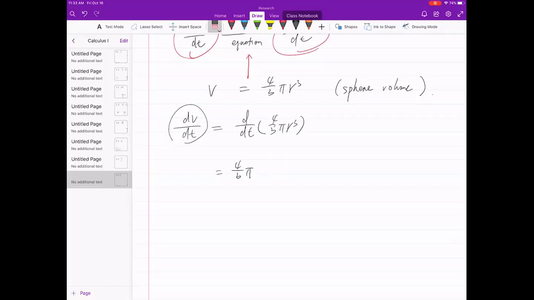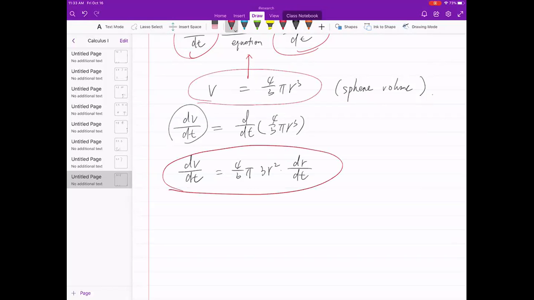That's going to be 3r squared, if you're taking the derivative with respect to r. But you're taking the derivative with respect to t, therefore times r prime. More precisely, dr over dt by chain rule. This is dV over dt. So you start from here, you take the derivative, you end up with this.